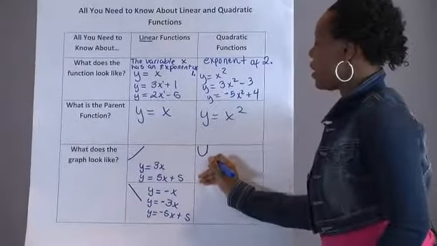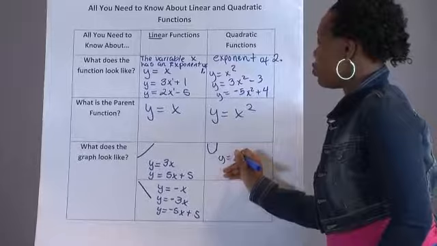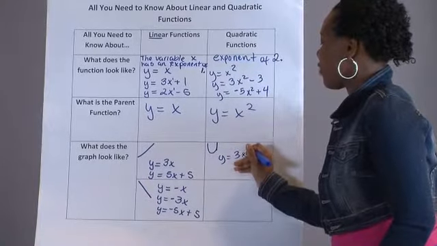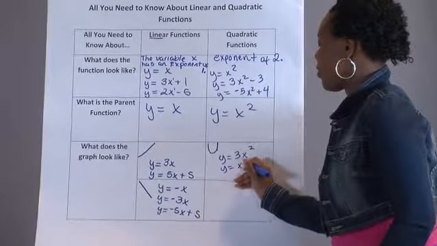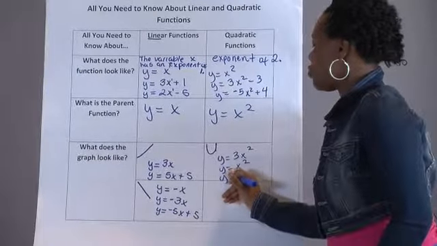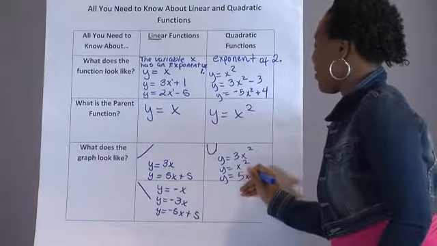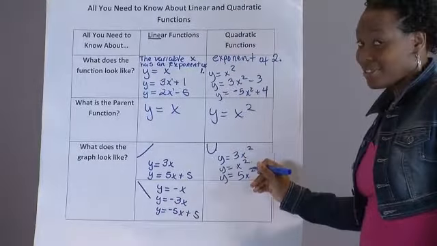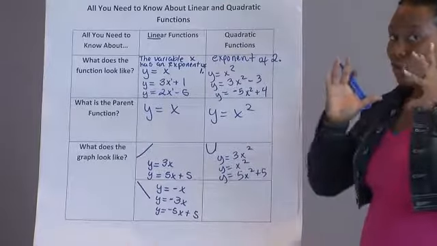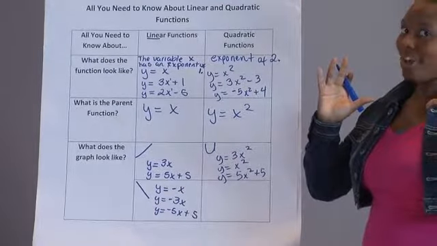So examples would be y is equal to 3x squared, y is equal to x squared, or y is equal to 5x squared plus 5. The numbers in front of the x are positive, so we know that it's a U smiley face going up, okay?